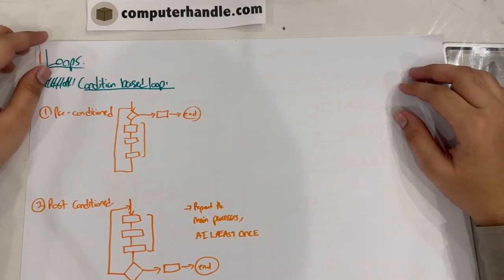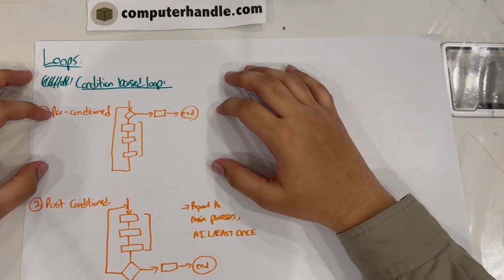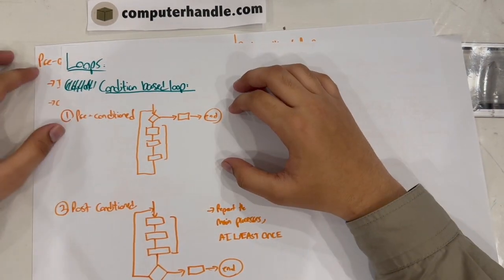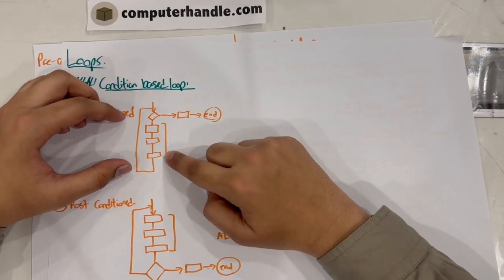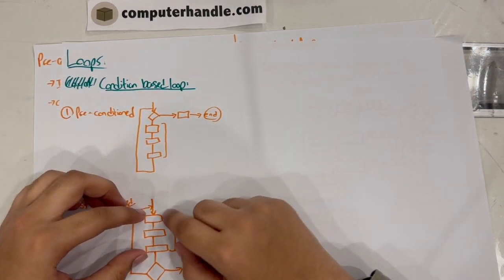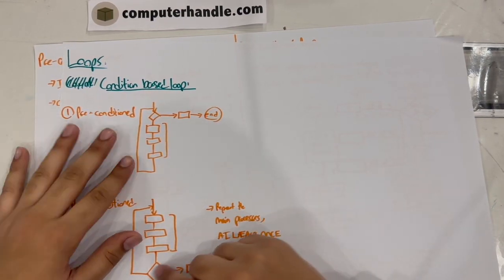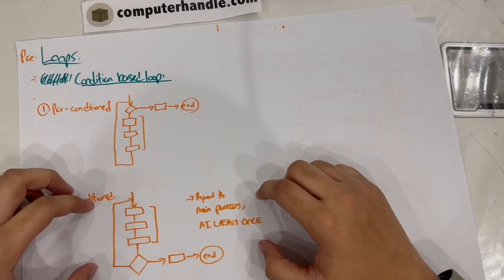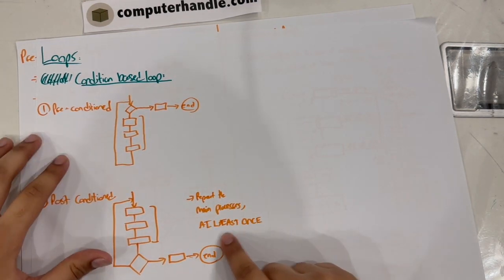Then we have the types of loops, discussed in a little bit more detail. We had the precondition loop and the postcondition loop. The precondition loop had the main condition first and then the main processes before the loop was completed. But here we had the main processes first, then the selection statement after, which means that the main processes will repeat at least once.